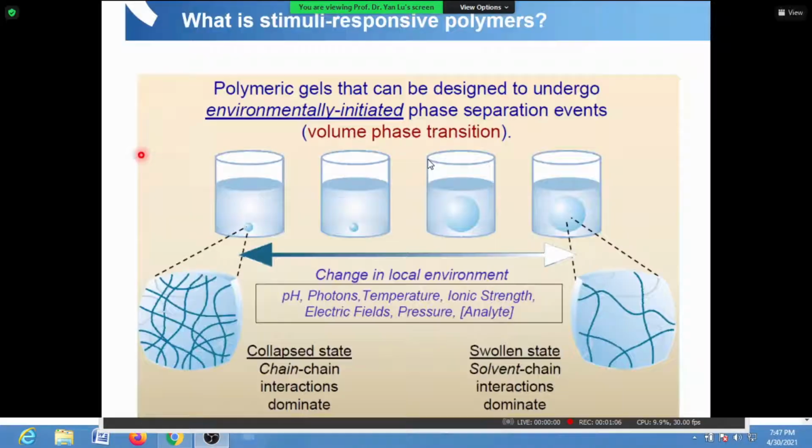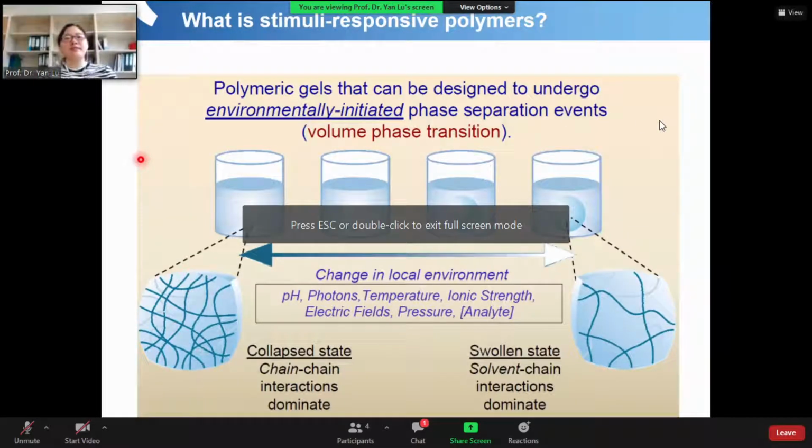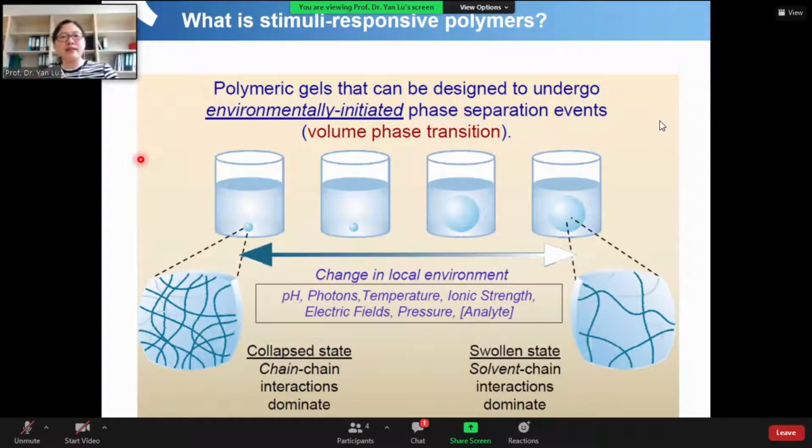As you know, when polymeric gels or networks are under some special environmental stimuli, they will show a kind of volume transition or phase separation. Then it's called a stimuli-responsive polymer.